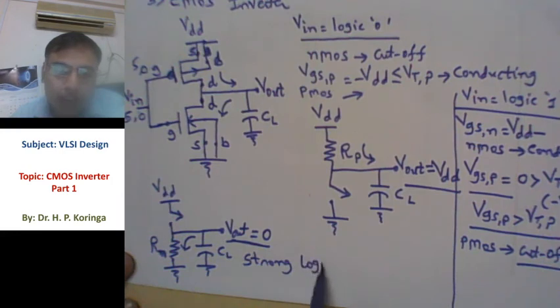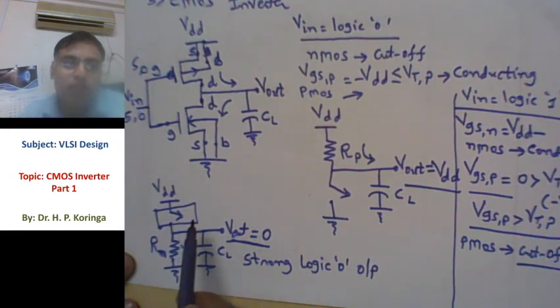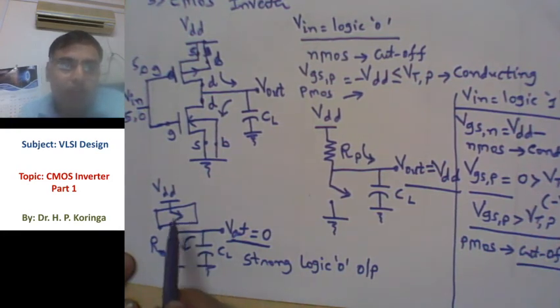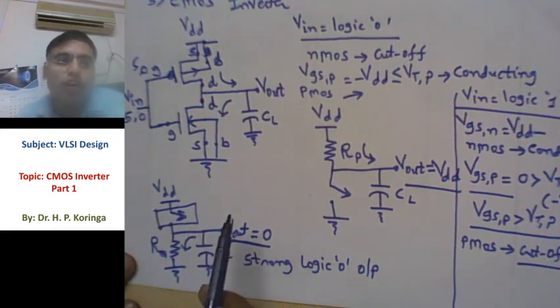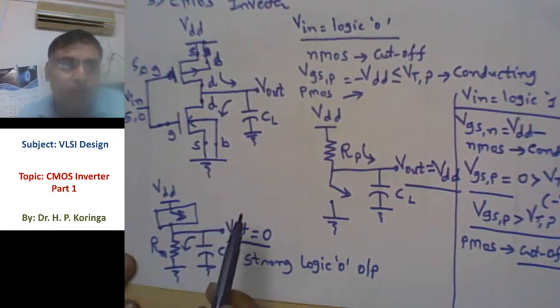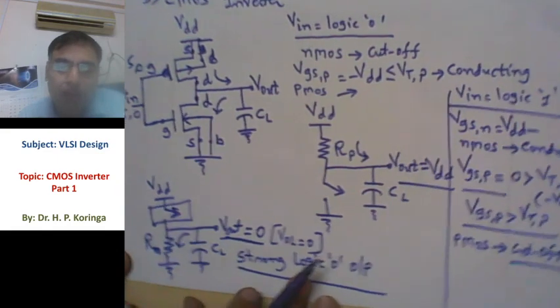So here we get a strong logic zero output, and it is because the pull-up device is operating in cutoff. In all the previous topologies, the pull-up device never goes into cutoff, but in a CMOS inverter, the pull-up device goes into cutoff when input is logic 1, and it makes the output tend to zero. So VOL in a CMOS inverter is zero, and it produces a strong zero output.